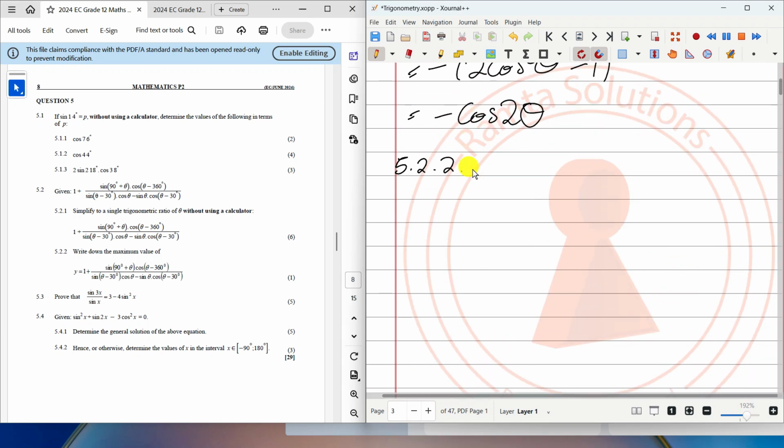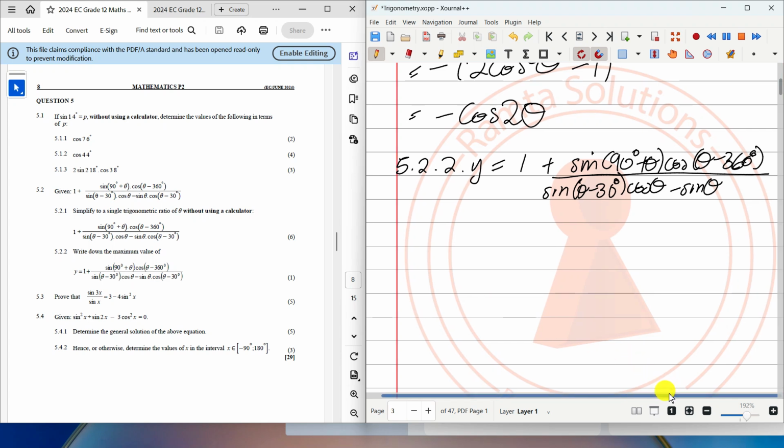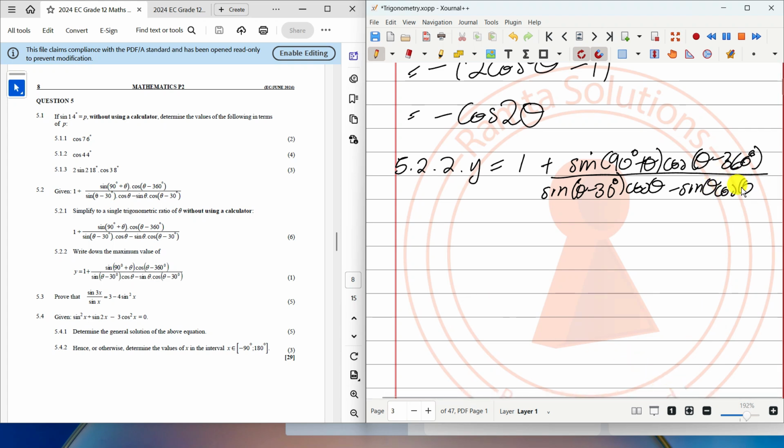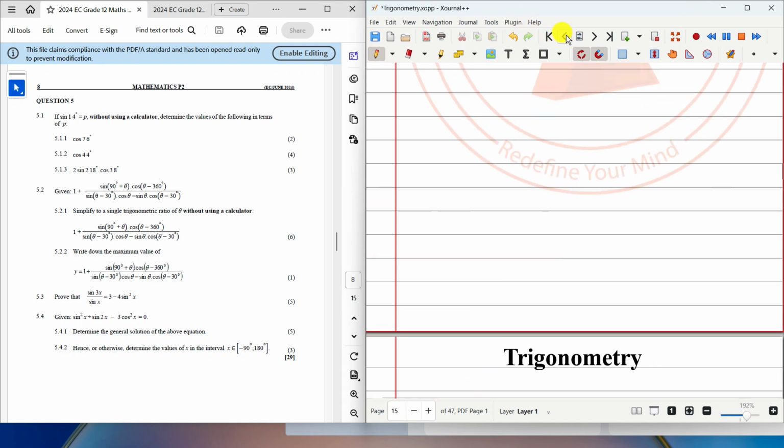So let's see. 5.2.2, they say y is equal to 1 plus sine of 90 degrees plus theta times cos of theta minus 360 degrees, over sine of theta minus 30 degrees times cos theta minus sine theta multiplied by cos of theta minus 30 degrees.